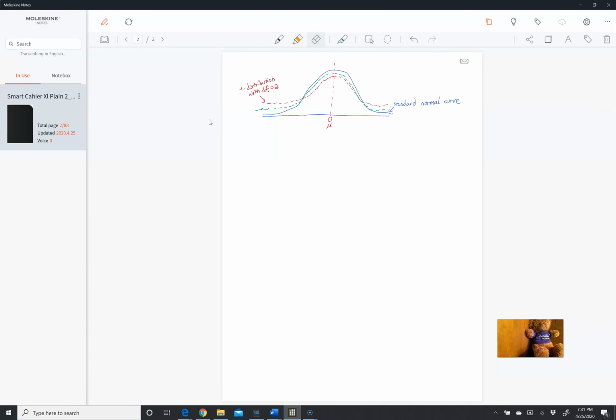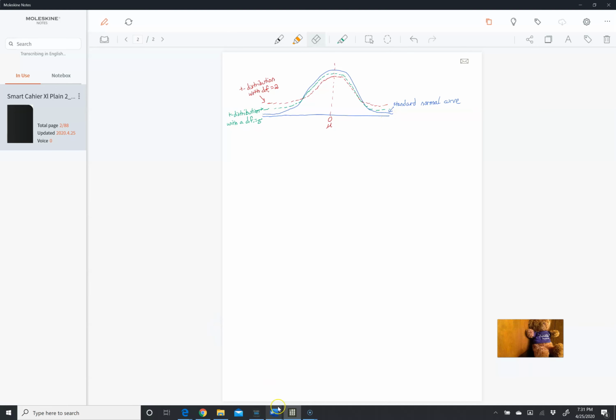This is a t distribution with a degree of freedom that's equal to 5. Okay, so you can see that here the tail gets lower because it approaches the normal distribution, and the peak gets higher, again, because it's getting closer and closer to what the normal distribution looks like.